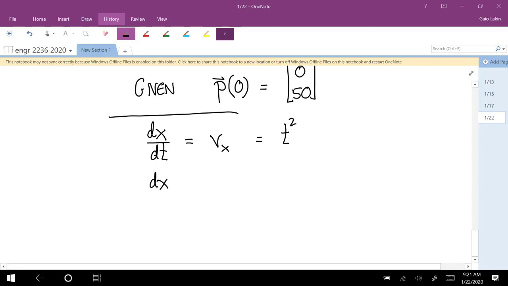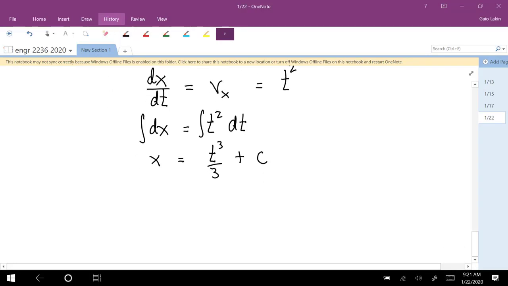And so dx is equal to t squared dt. And now we can integrate both sides. And we get that x is equal to t cubed over 3 plus c.